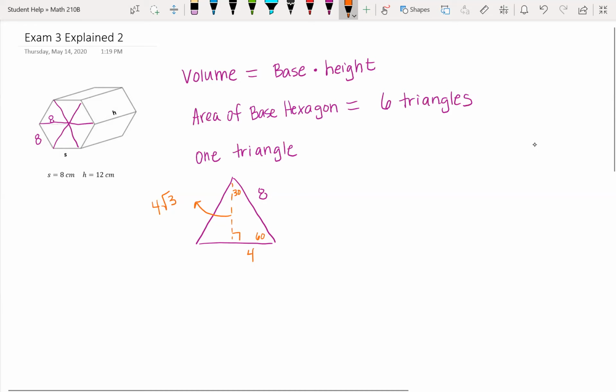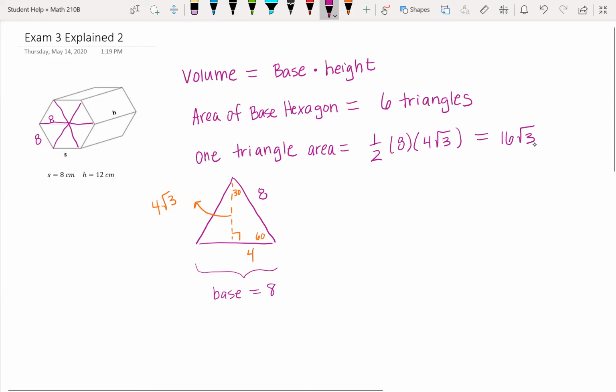So one triangle area will be 1/2 the base. Remember that the base is 8. And the height is 4 square root 3. So one triangle is going to be 16 times the square root of 3.